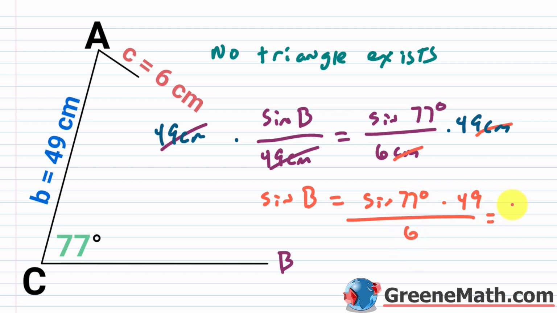You're going to get about 8 if you round to the nearest tenth. And we know that the sine of some angle, whatever it's going to be, is going to be between -1 and 1, where -1 and 1 are included. So here you just think about the fact that if the sine of whatever this is, in this case it's B, if that's greater than 1, then you know that we're in a situation where no triangle exists, right? Because we're outside of the range of the sine function.